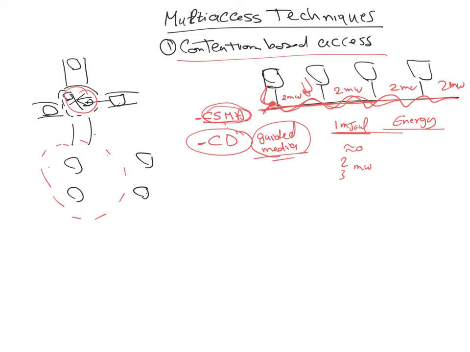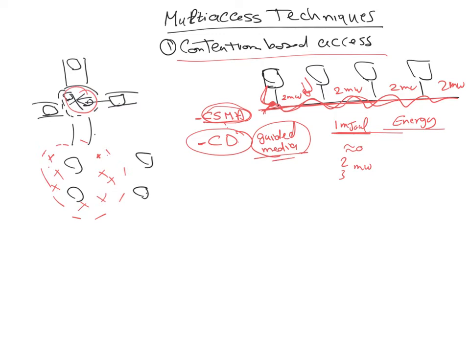Unfortunately, the air is not a guided medium, so the power level here and here and here will all be different. So we cannot really rely on measuring the energy level at different locations in wireless, because this will not be accurate. In other words, for wireless, we cannot detect a collision.